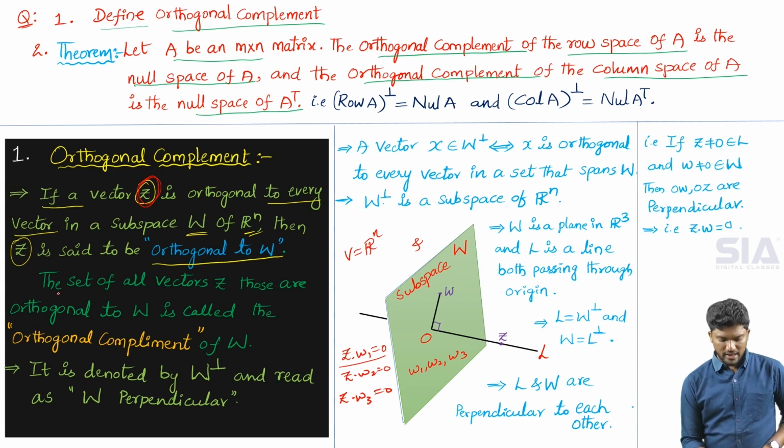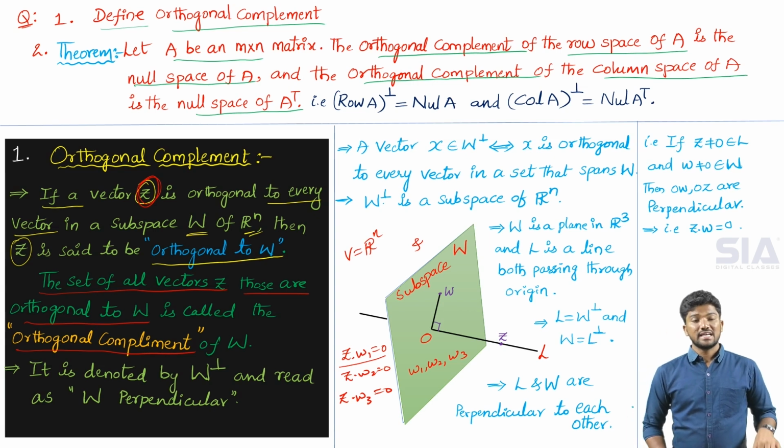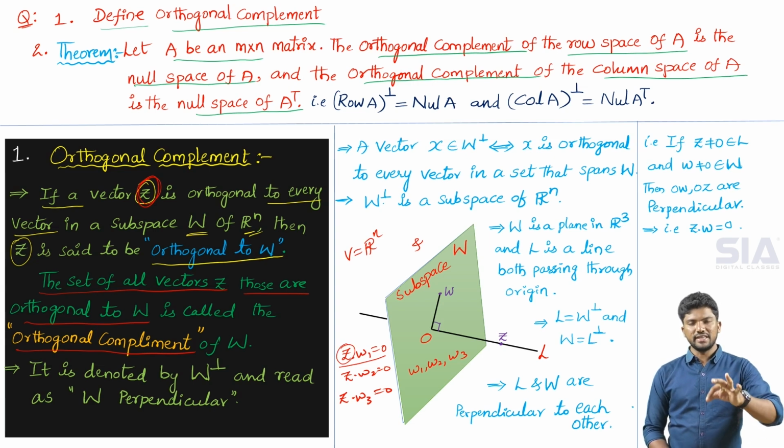Next you can see here, the set of all vectors Z that are orthogonal to W is called the orthogonal complement. Here Z represents one standard vector, so in that place you can take any vectors.